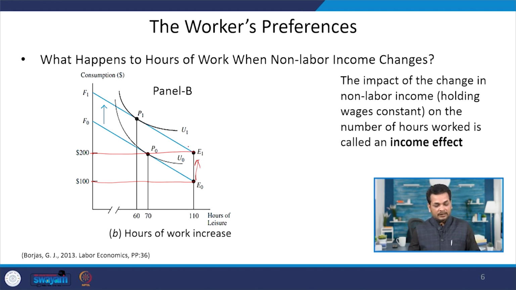The opportunity set has increased from F0 E0 to F1 E1, and the tangency point has moved from P0 to P1. Now what happens? In this case, the leisure hours have reduced to 60. There is a decrease in the leisure hours, but there is an increase in the consumption.